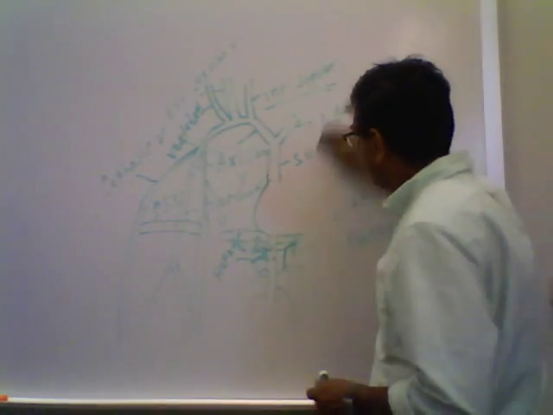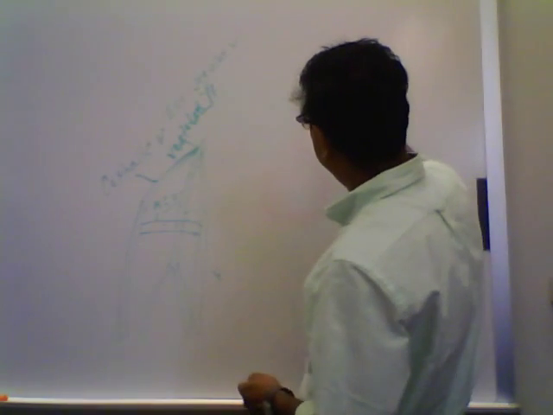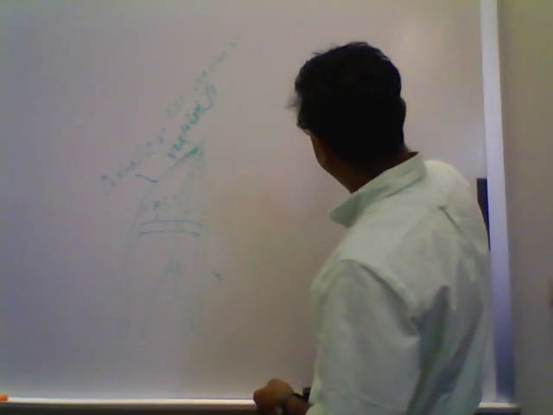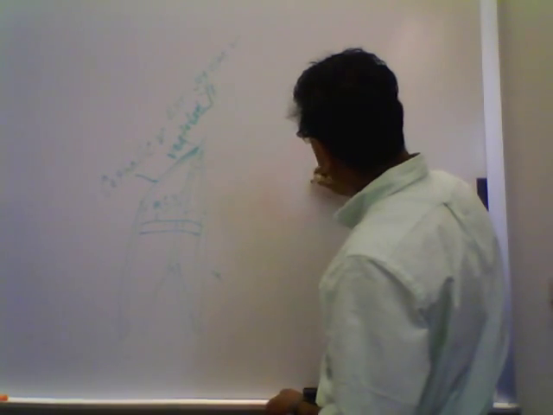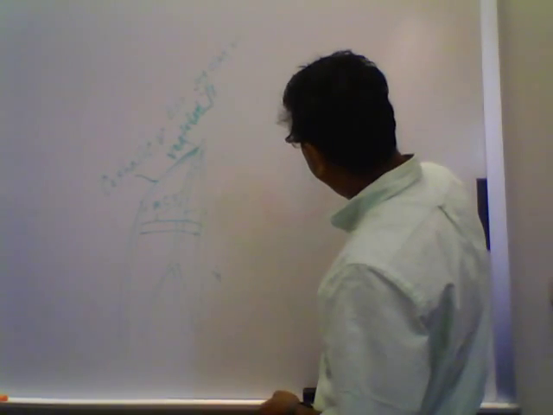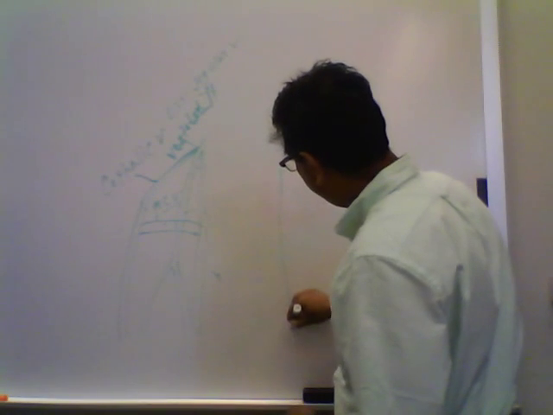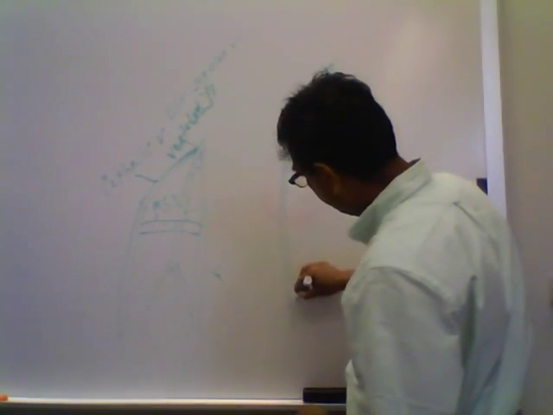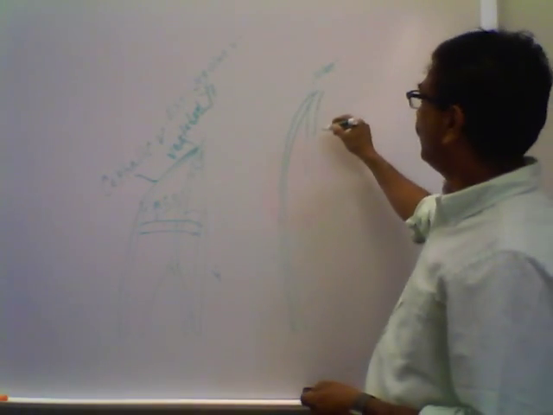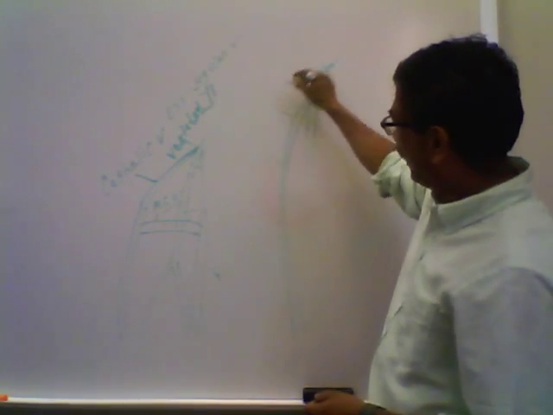So what happens, this is the femoral vein in the thigh. From the upper part of the femoral vein, the longest vein arises. That is called what? Great saphenous vein, right? And it is superficial vein.